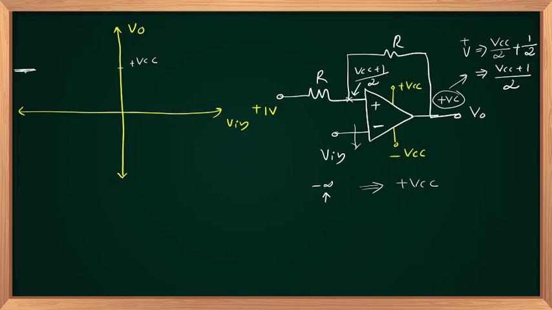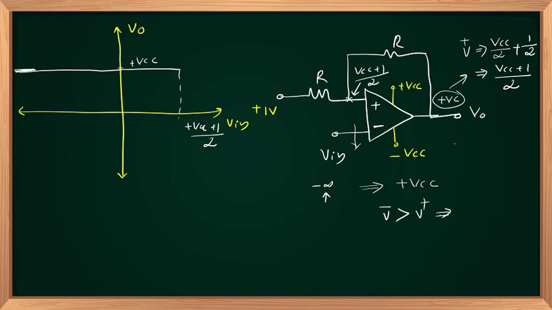So if you are increasing your input signal towards the positive side, to get a transition from plus to minus, your V minus should cross VCC plus 1 by 2 in the positive x direction. So the moment it crosses positive VCC plus 1 upon 2, V minus will become greater than V plus.